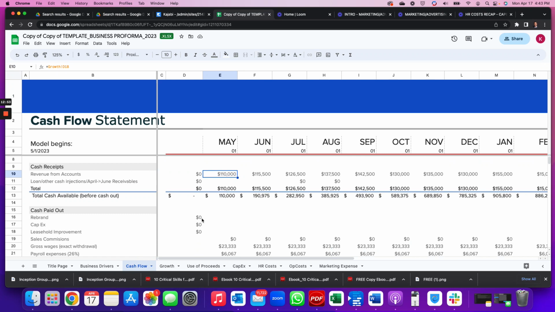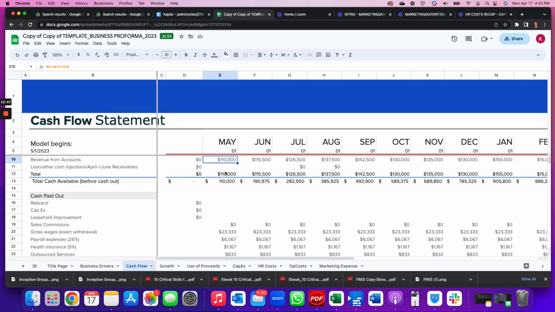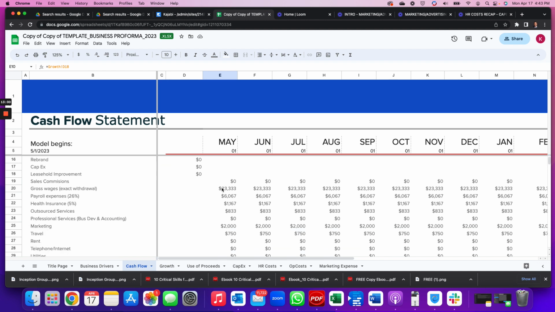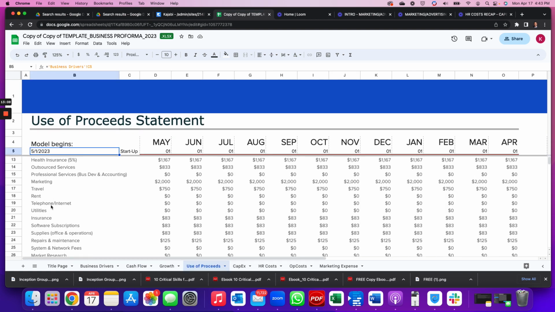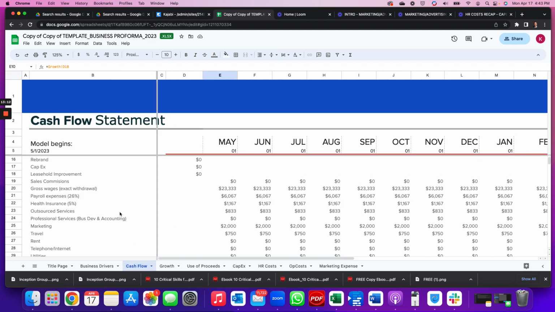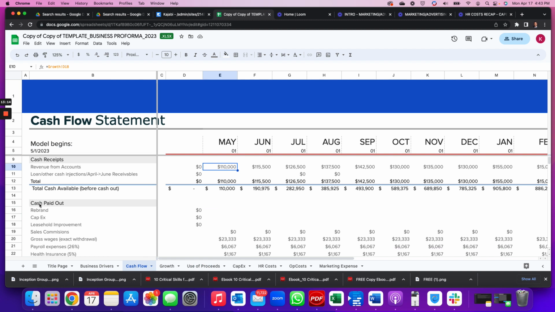So then what we do on a monthly basis is we take that total cash in and we subtract out everything that we identified from, remember, the use of proceeds. So this use of proceeds, you see here, that's everything that we identified. And now that looks pretty similar to our total cash paid out, right?